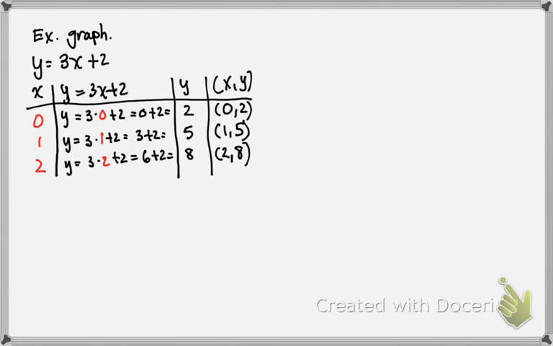So then I'm going to go ahead and I'm going to graph this. Again, first quadrant, since all my numbers are going to be positive. And I'm going to go 1, 2, boom.